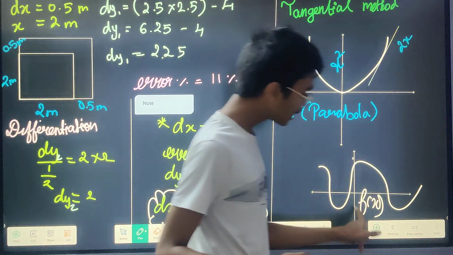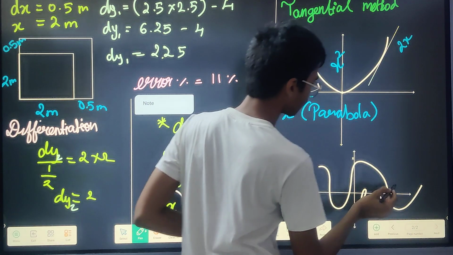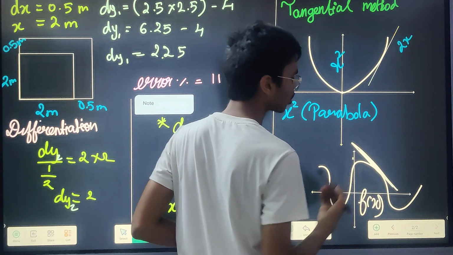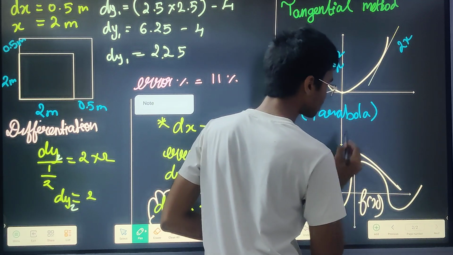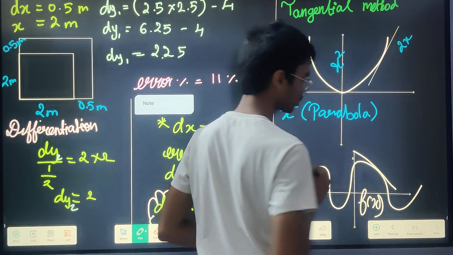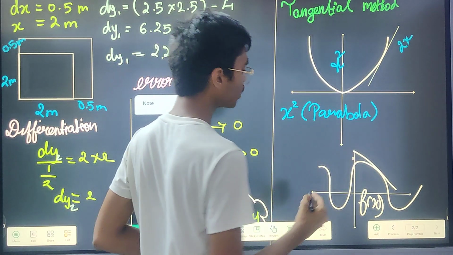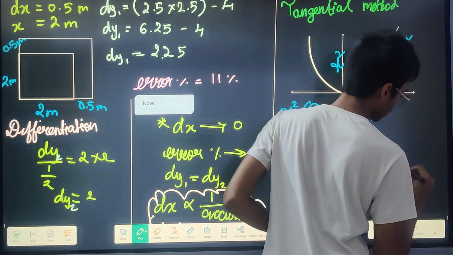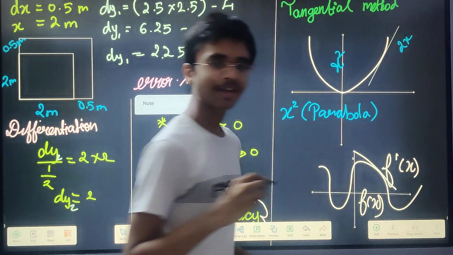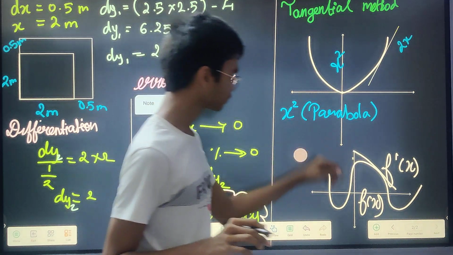If you have to calculate its derivative, it's very simple. All you have to do is calculate the tangent, not the slope. What is the tangent? You have to calculate its tangent, which is going to be f dash x. So the tangent is f dash x.